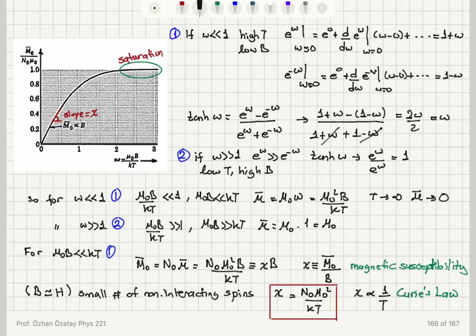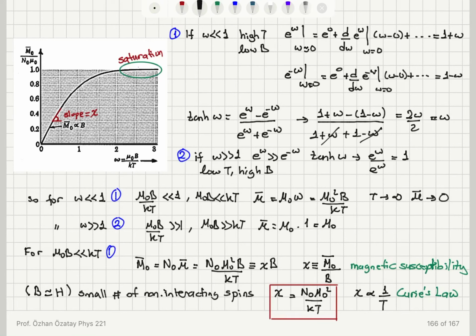So if I look at my limits again, omega much less than 1, high temperature, low magnetic field limit, Taylor series expansion tells me the exponential becomes 1 plus omega for e to the omega and 1 minus omega for e to the minus omega.